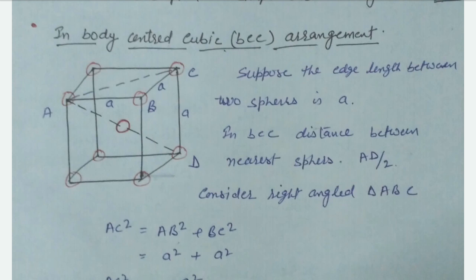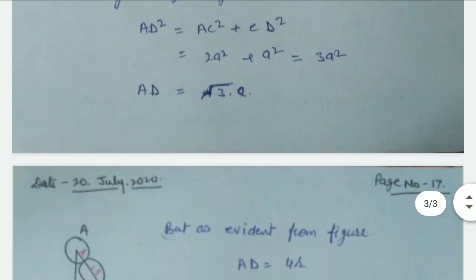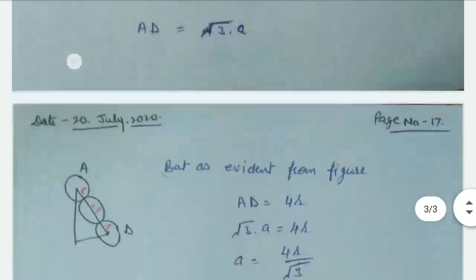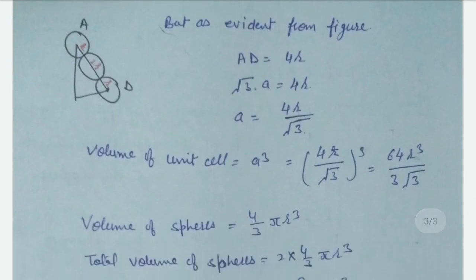But actual evidence says that there are 3 spheres from A to D, through the center of the cube. There are r, 2r and r.